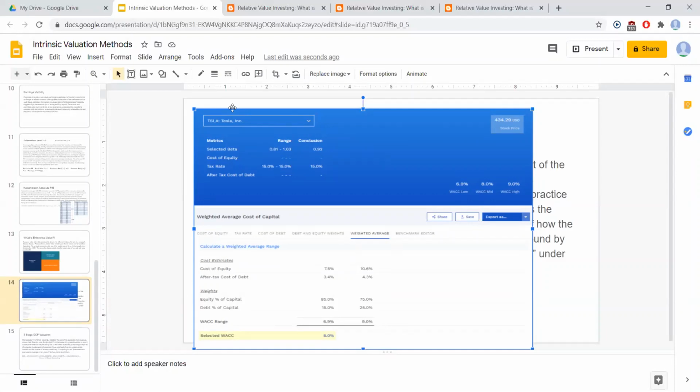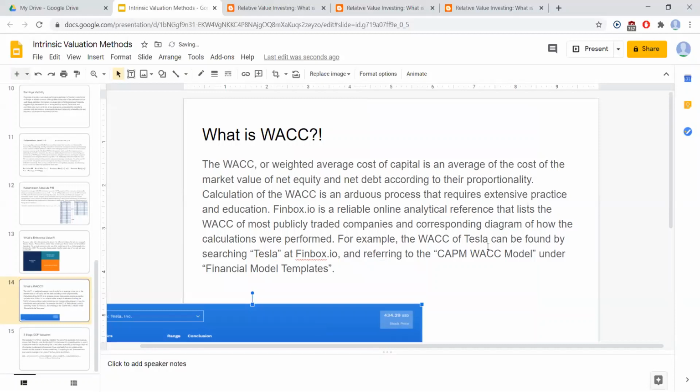Essentially, you can input the ticker of any publicly traded company, any stock or share of a company, and it will present you with the company's weighted average cost of capital when you simply refer to the following section under financial model templates.